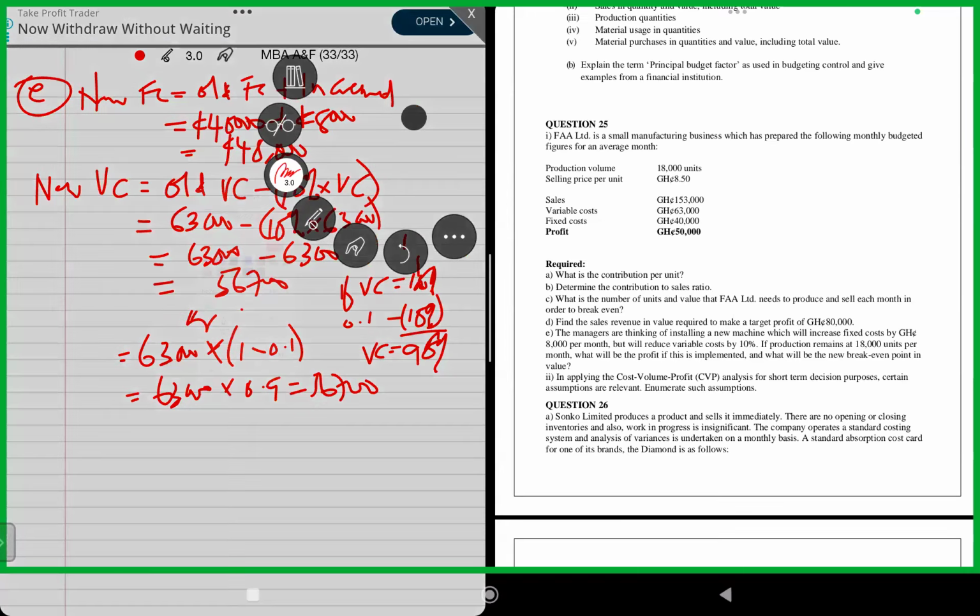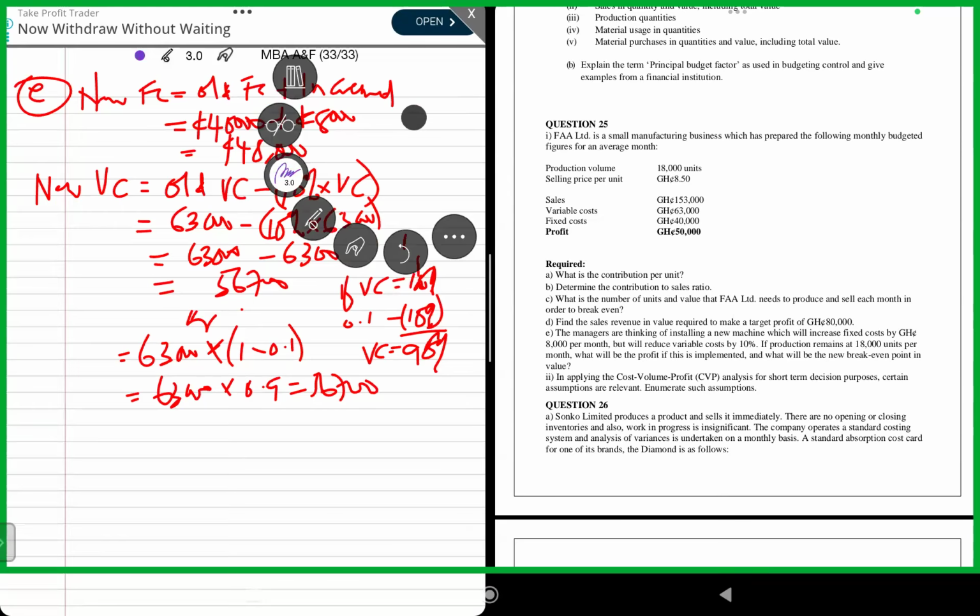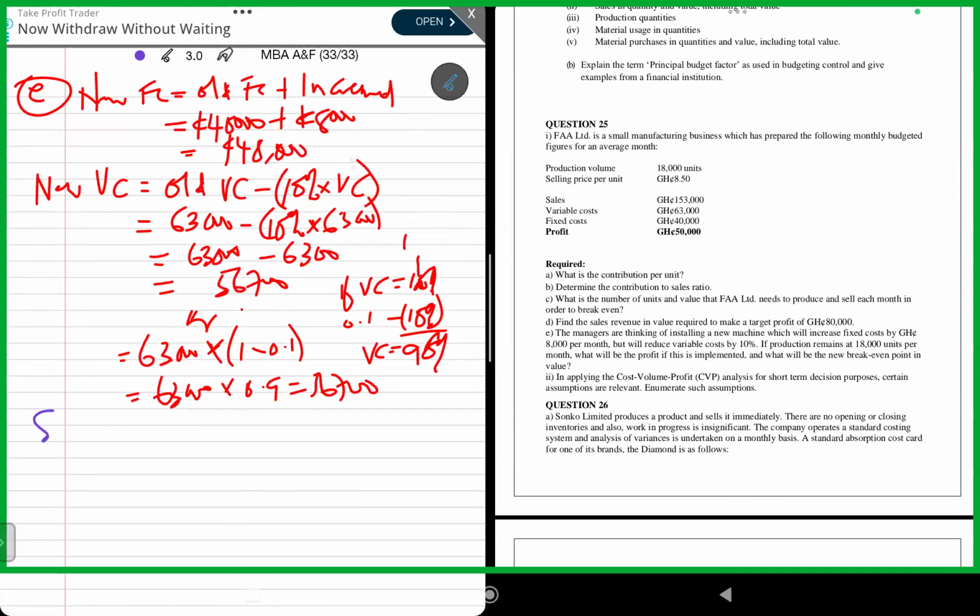We have sales minus variable costs, which will give us contribution, right? Should I do a vertical calculation? Okay. So sales minus the variable costs will give us what? Contribution.